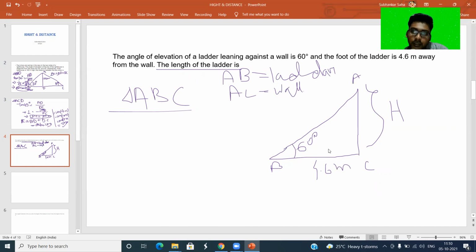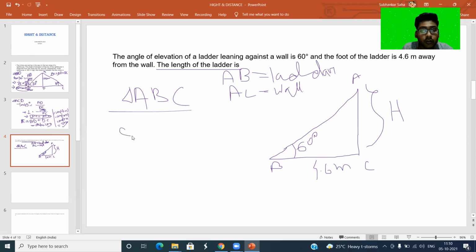So do we take sine, cos, or tan? If I take tan, then height by base. But we need this length, which is the hypotenuse of this ABC triangle. So cos means base by hypotenuse.